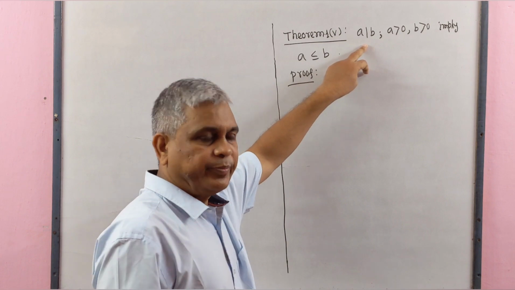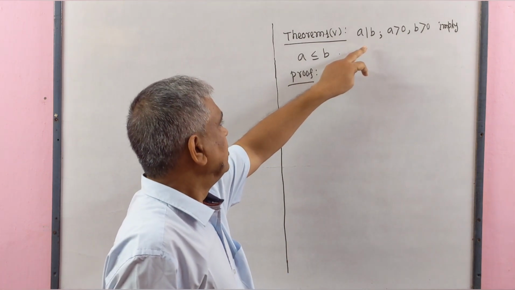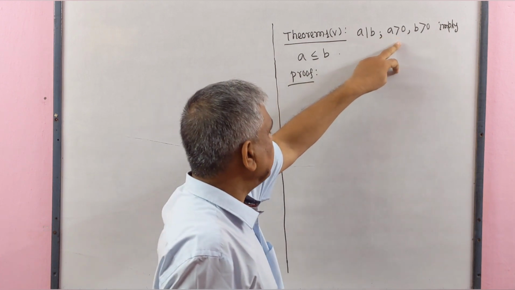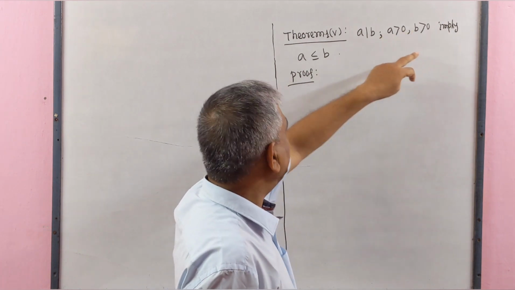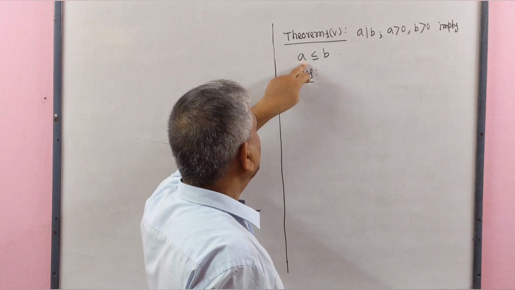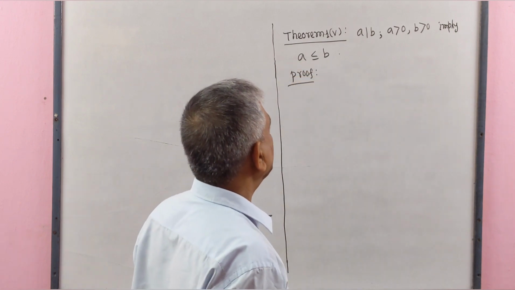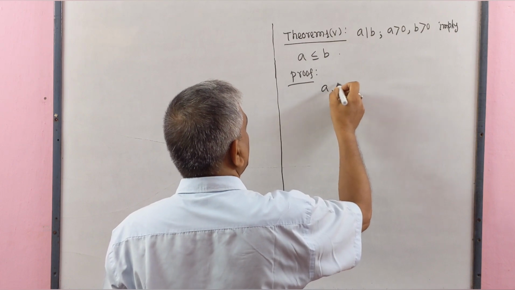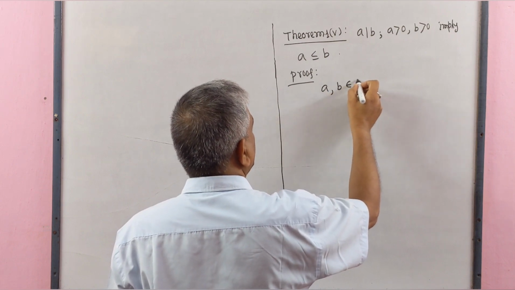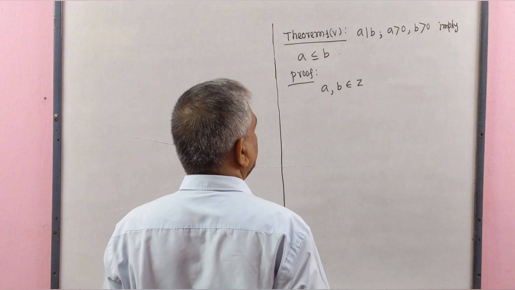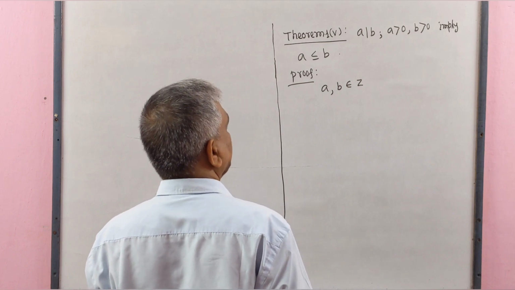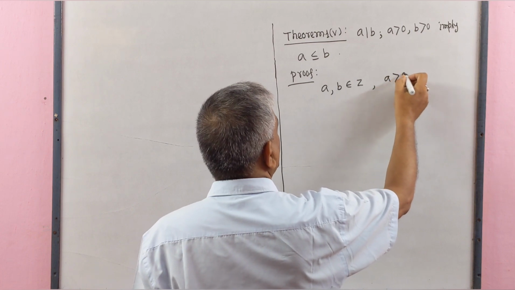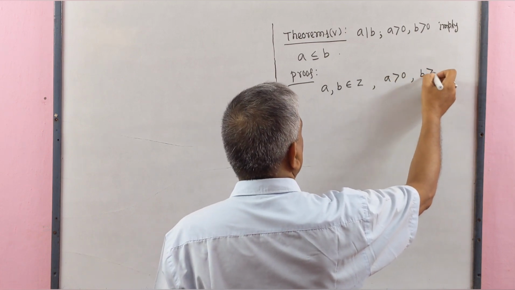Now we prove the next theorem. A divides B, A greater than 0, B greater than 0, imply A less than or equal to B. Given that A, B belong to Z, Z be the set of integers, and A greater than 0, B greater than 0.